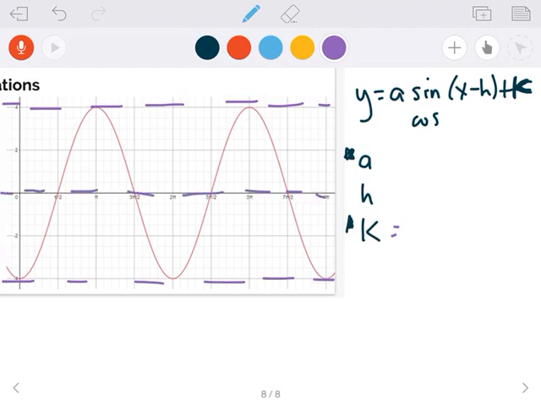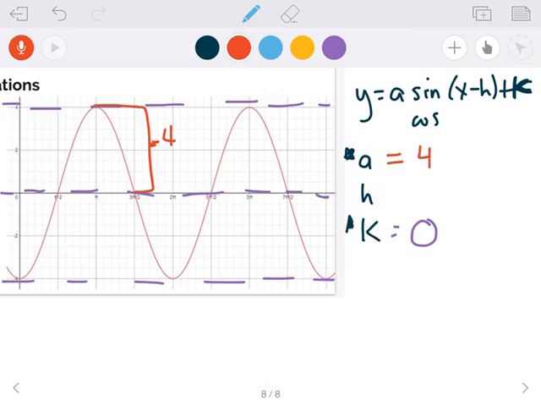So in the case of this graph, there is no shift for k. It's not shifted up or down. But because it goes to a high of 4 and a low of -4, the amplitude, the distance from a high point to the middle, is 4.